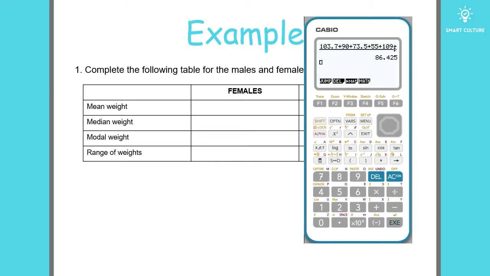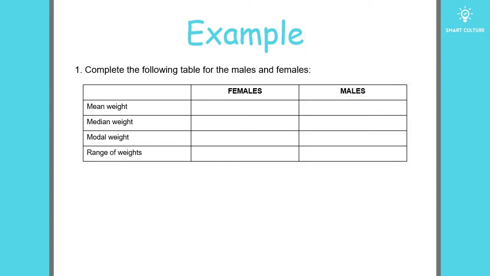So this equals 86.425, and if we round it, we'll get an answer of 86.4. So the mean weight for the females will be 86.4. Next, we have to determine the median weight. So how can we go about determining the median weight? Remember, the median is the middle value.